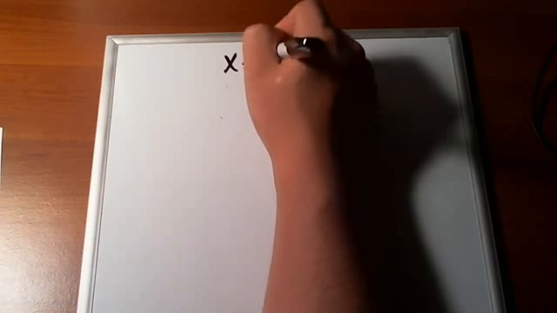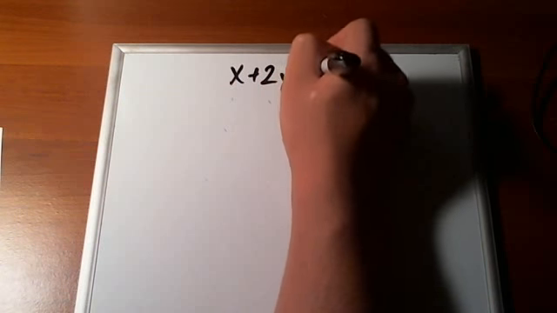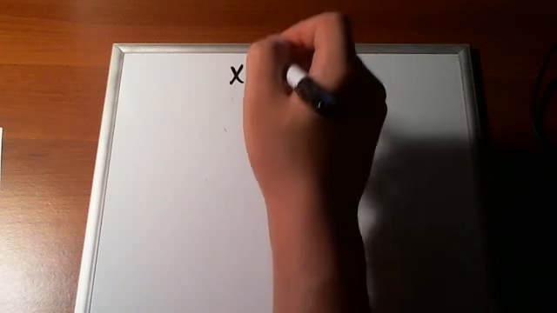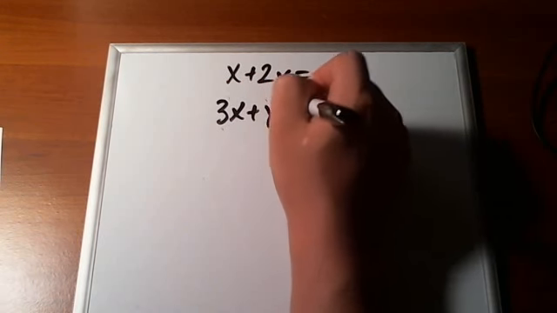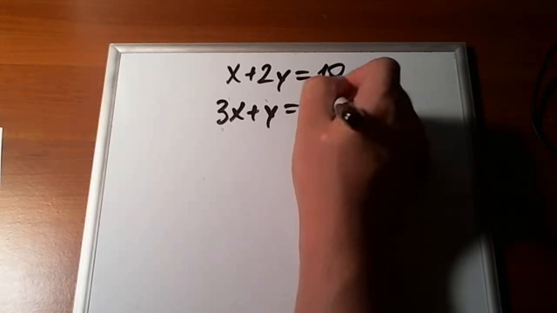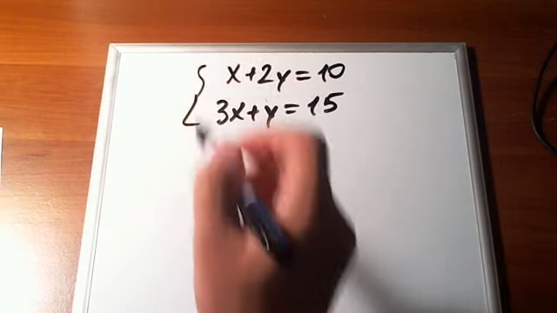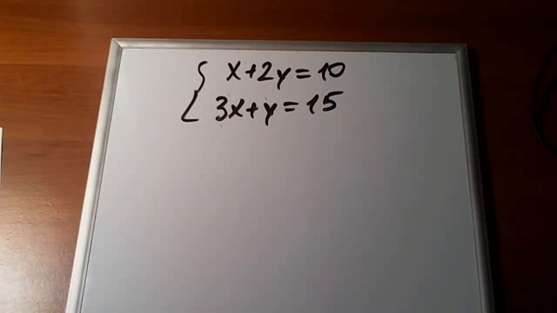Not that much though. Okay, for instance, if we have something like x plus 2y is equal to 10, and 3x plus y is equal to 15. This is our system of linear equations. Now, it does look a little more complicated, but we will follow the same steps.